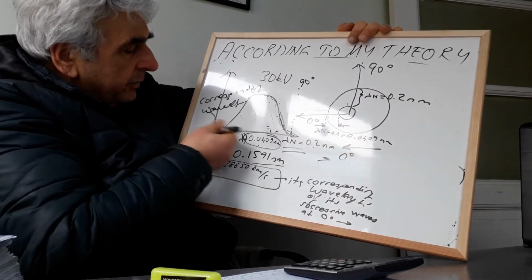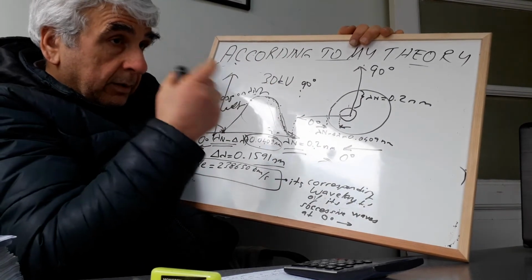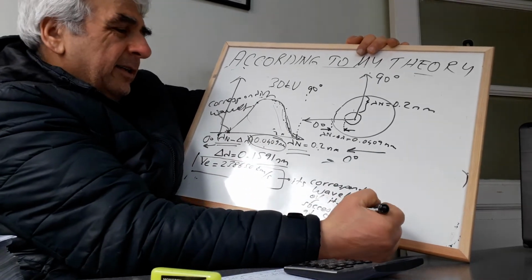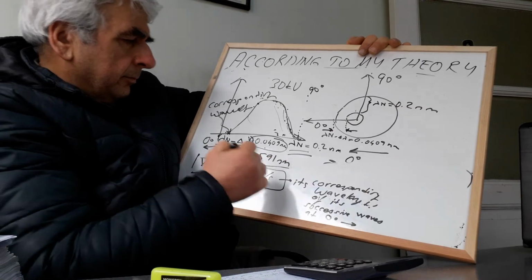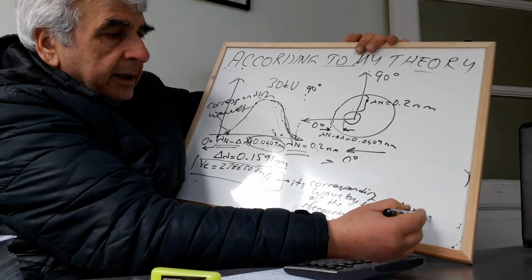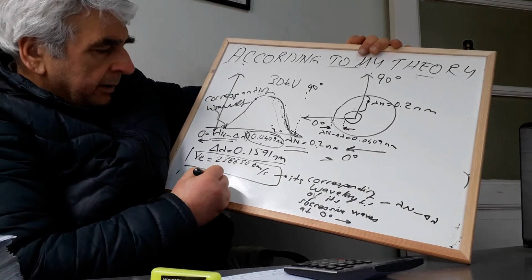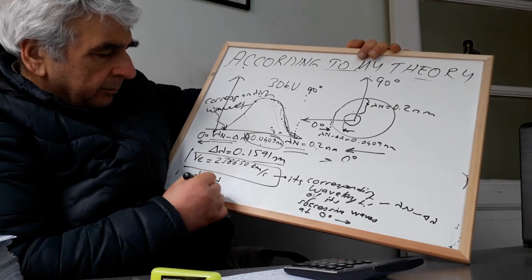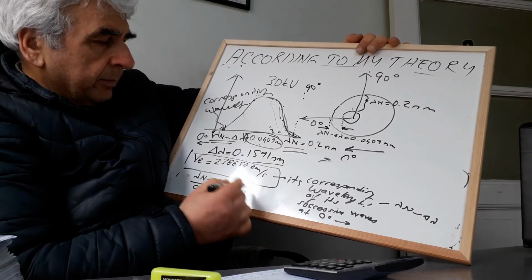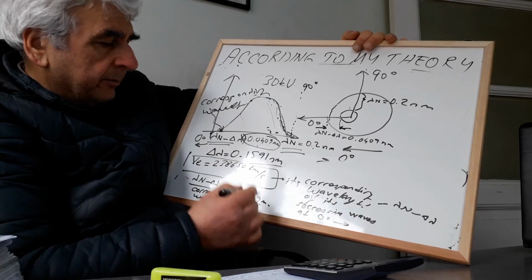But in this direction, for this velocity, the electron motion form's wavelength lambda n minus delta lambda is equal to the corresponding wavelength, which is 0.0409 nanometer.